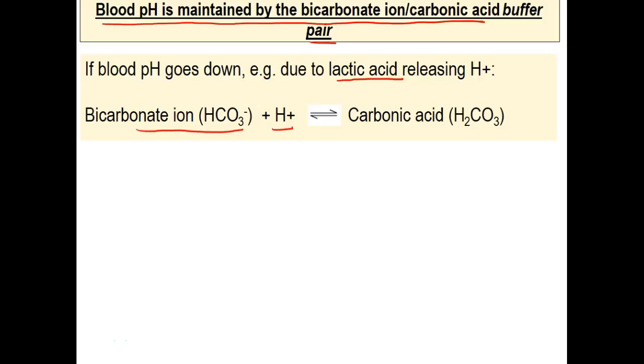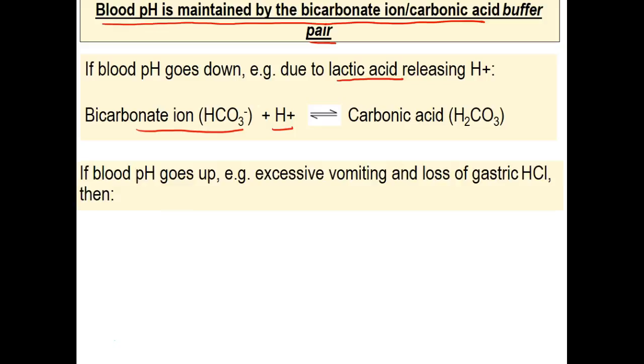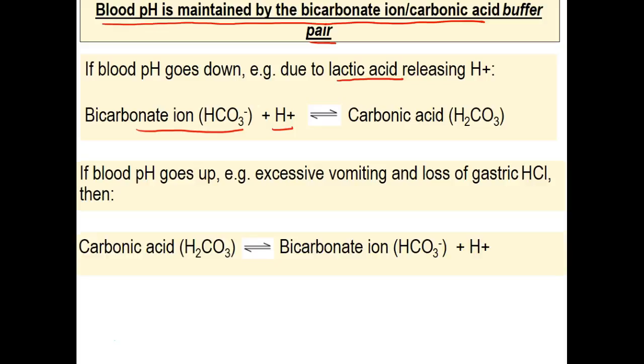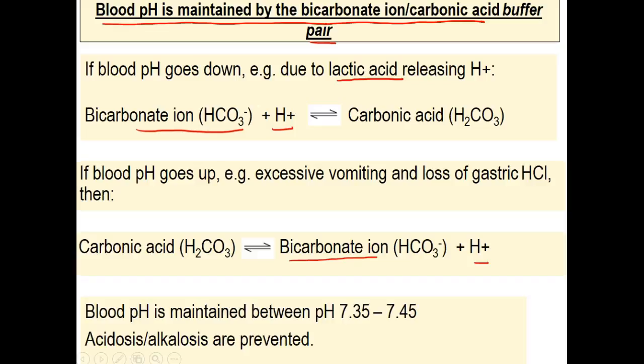On the other hand, let's say a situation occurs where blood pH goes up, like in excessive vomiting, when you may lose a lot of stomach acid. Then carbonic acid is going to dissociate into the bicarbonate ion with the release of a proton. In this way, blood pH is maintained in that range of 7.35 to 7.45, and conditions like acidosis and alkalosis are then prevented.